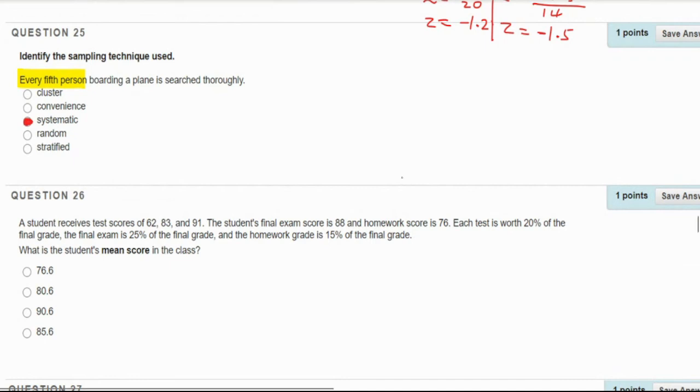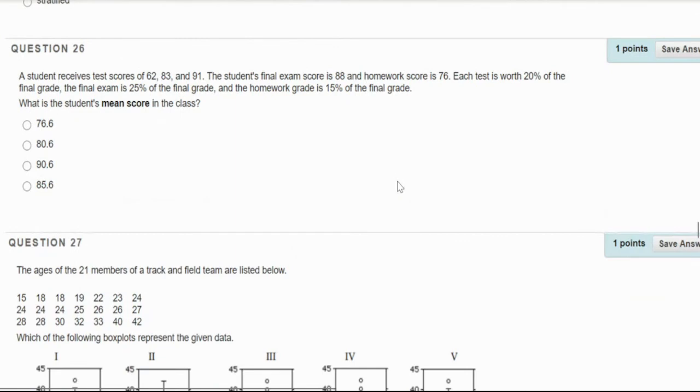Now the next question, it's a weighted mean. So we're going to do a small chart, and actually we could put it directly into our TI. Get your TI, go to start, then go to edit.